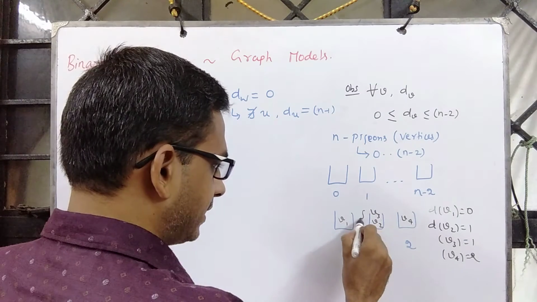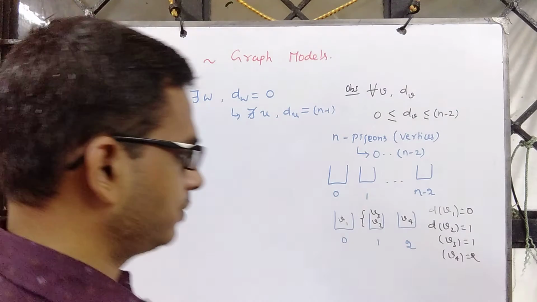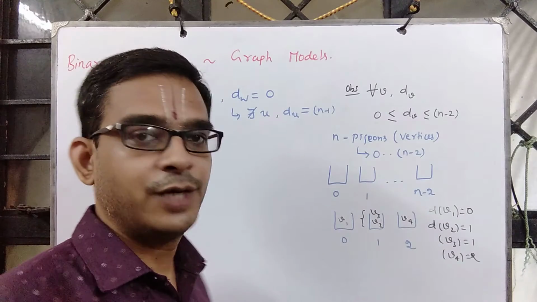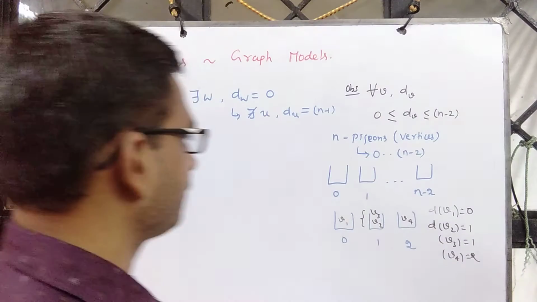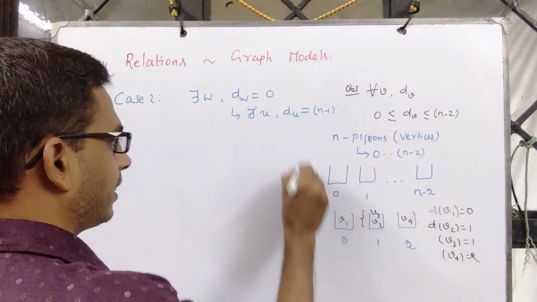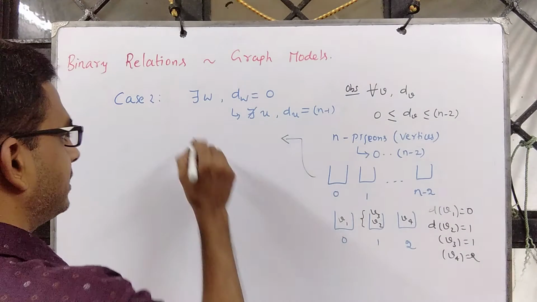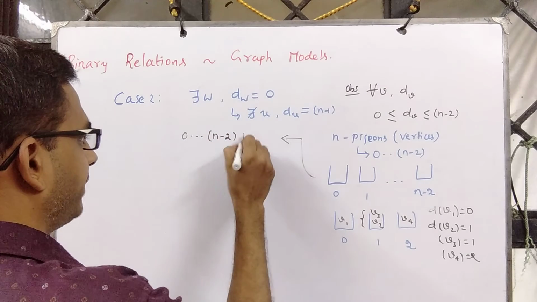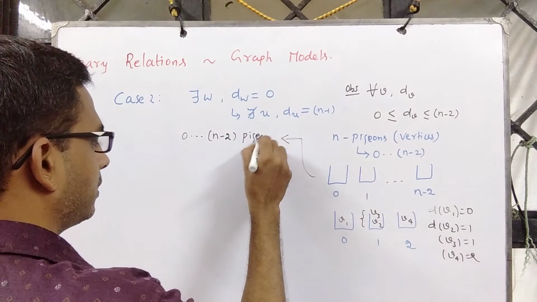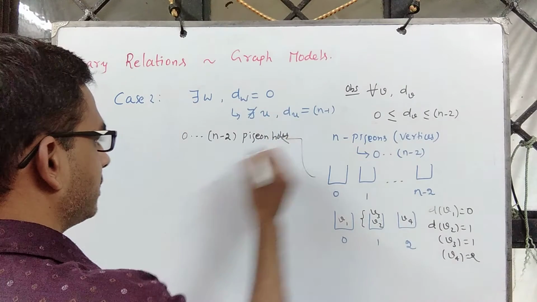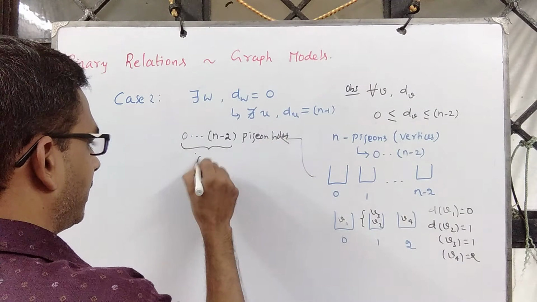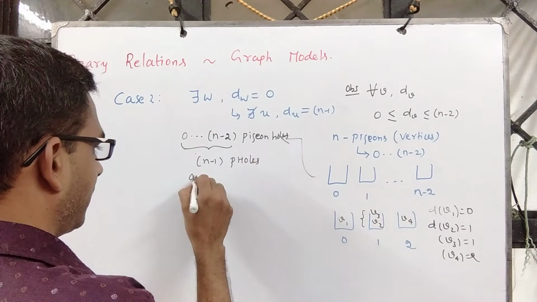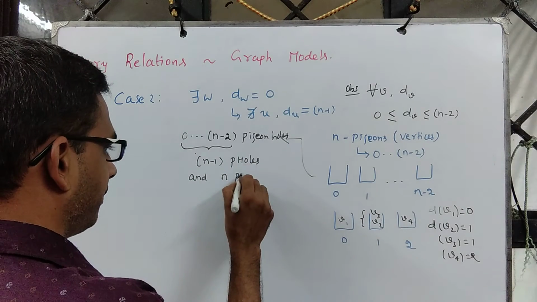Then these 2 vertices are the desired vertices whose degrees are same, or these 2 persons have equal number of friends. So you see that how many PGNs? 0 to n minus 2 PGN holes, which means there are n minus 1 PGN holes and n PGNs.